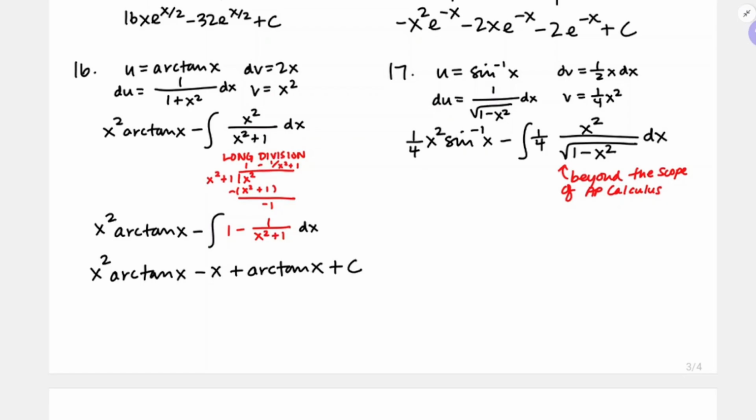So I'm sure I could just look it up on the internet, but I think it would be best for me to remind you this one is beyond the scope of AP Calculus. Probably number 16 also. Number 16 would be really intense. I think that one's technically in bounds, but man, number 17, I know that second integral is not something you'd be expected to do in this class, so I'm just going to leave that one there.